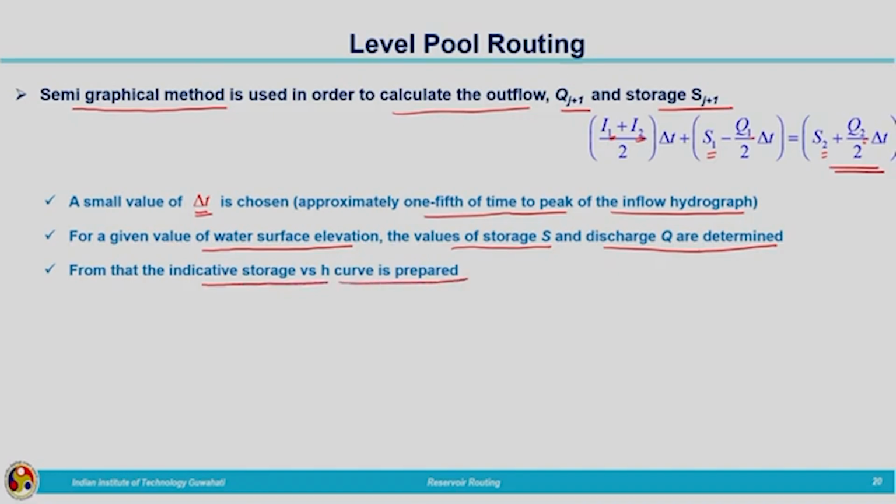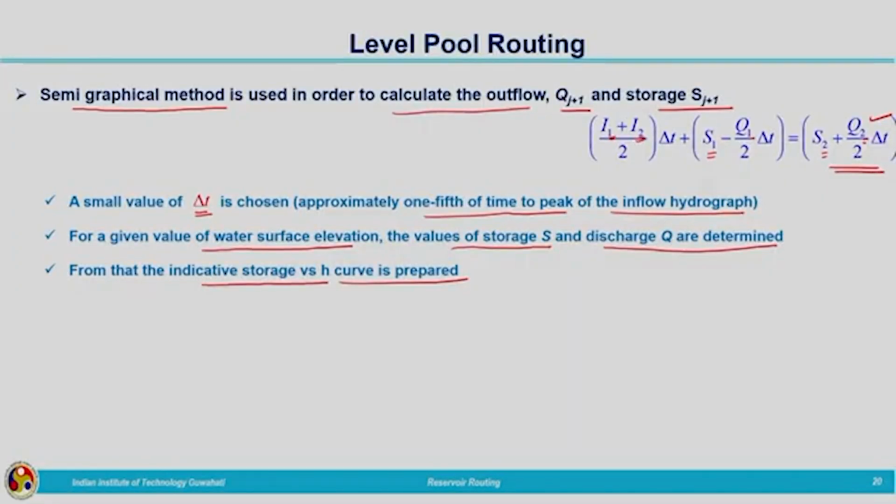Indicative storage means what? Indicative storage is the one represented by the right hand side of this equation, S2 plus Q2 by 2, S2 plus Q2 by 2 delta t. That is calculated from the known values of S and Q, since the S versus H and Q versus H relationships are already with us.